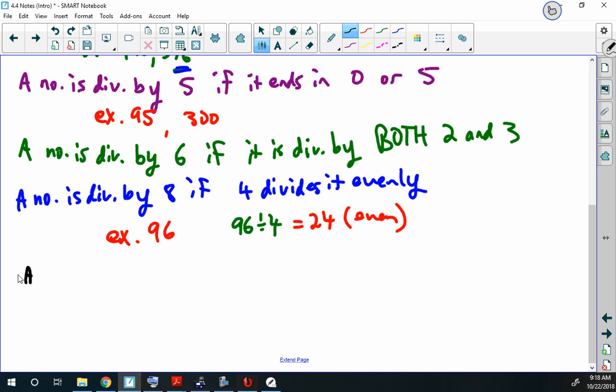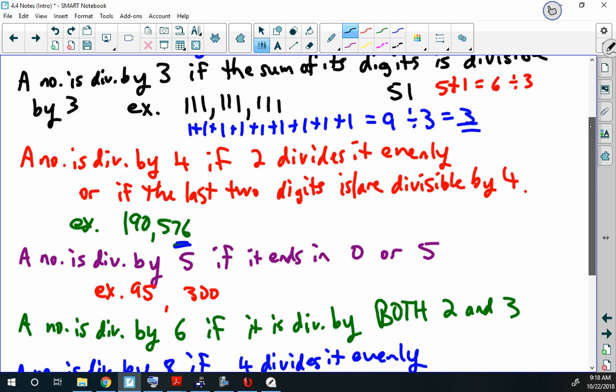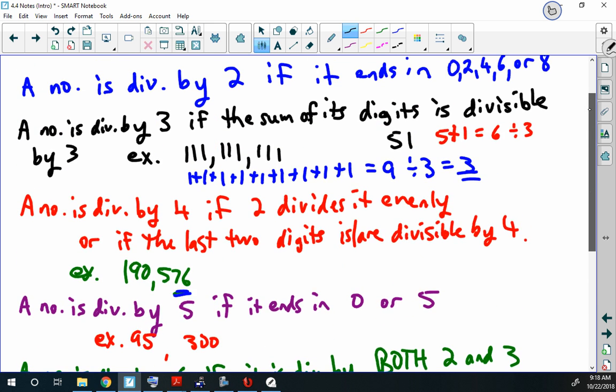A number is divisible by 9 if, this is just like the 3 one. Remember, what was the rule for 3s? For 3, it was the sum of its digits is divisible by 3.